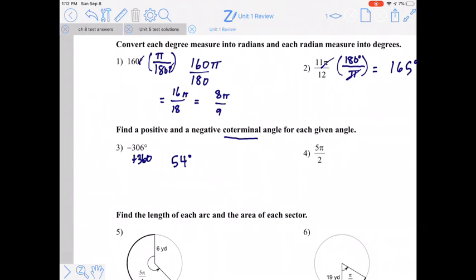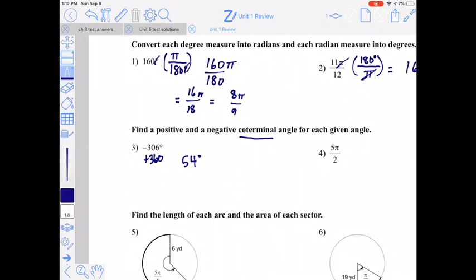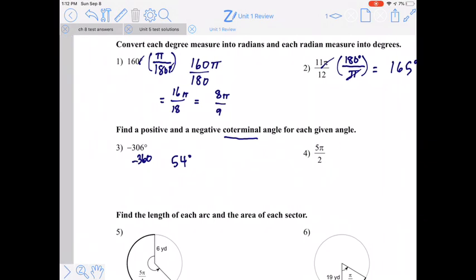Now, another way to find coterminal is to subtract 360. So if I subtract 360 from that, I'm going to get negative 666 degrees.